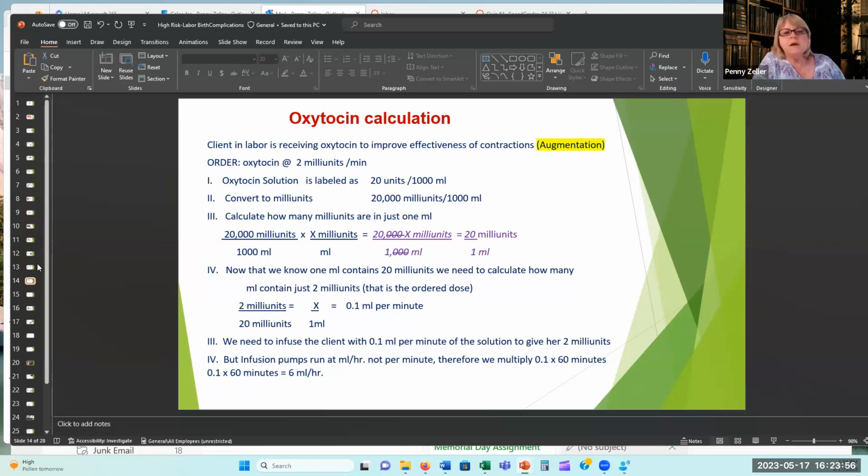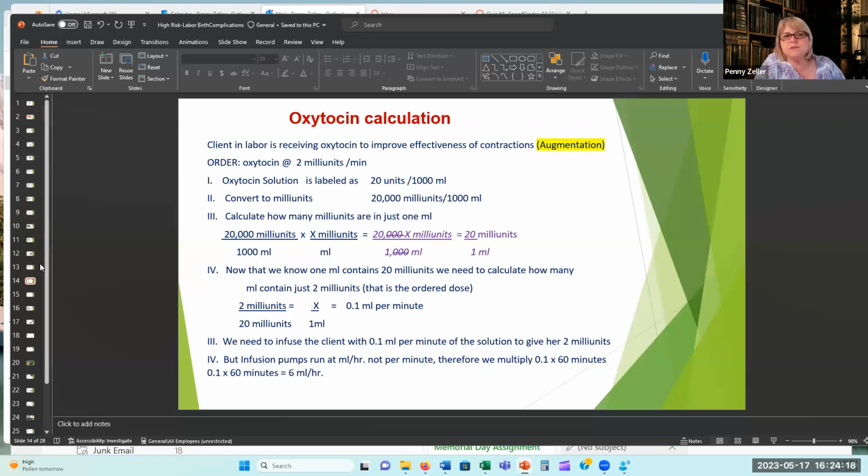And I came up with, we need to give 0.1 ml every minute for her to get those 2 milliunits every minute. And then I just multiplied it times 60, because there's 60 minutes in an hour. So we know how many mLs in an hour she needs to get 2 milliunits a minute.